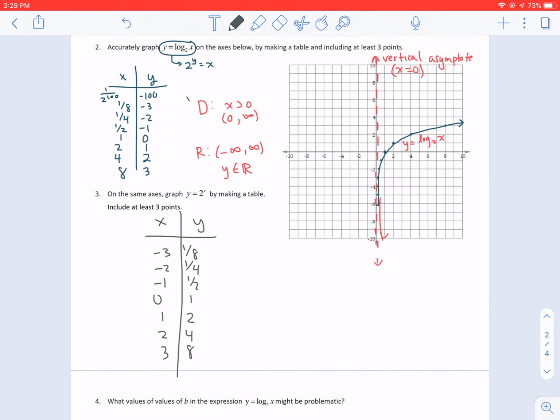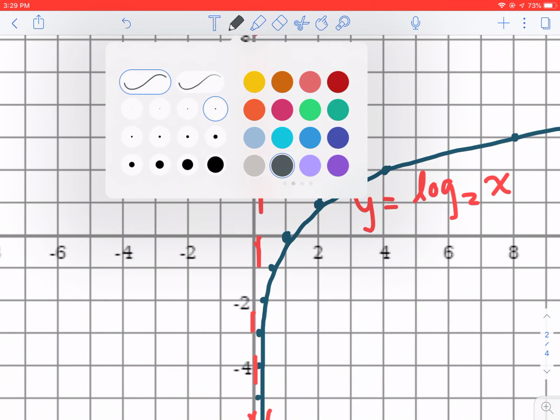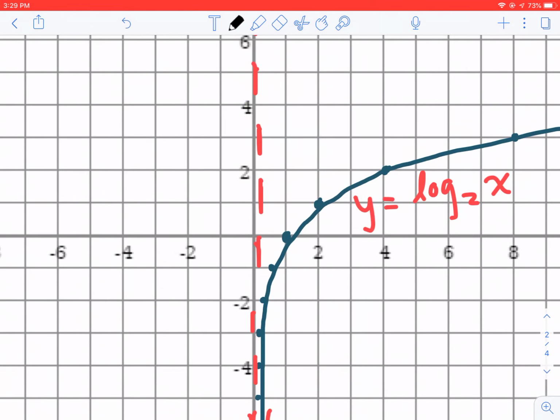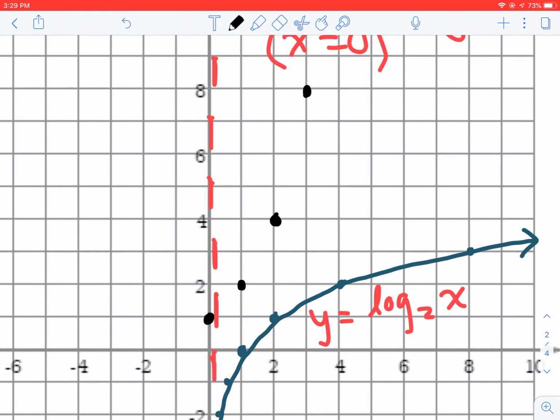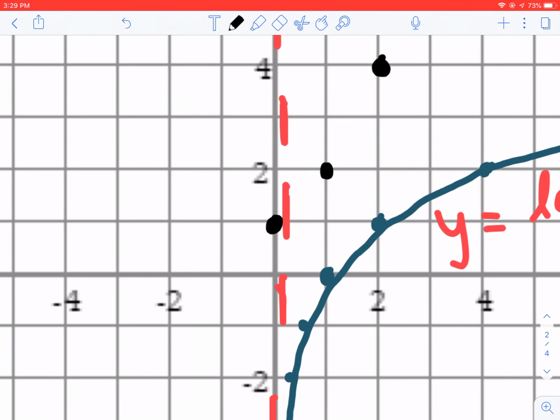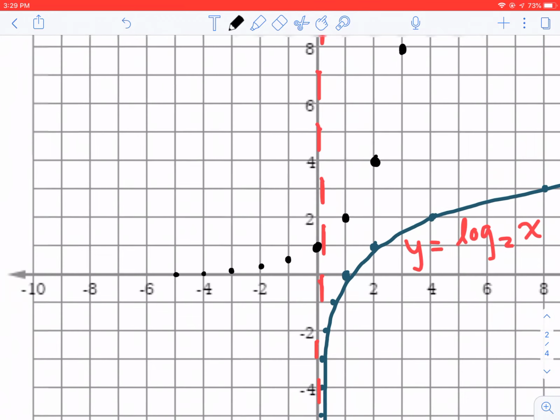And I'm hoping you see some similarities between this table and this table. Right? If you don't see the similarities, maybe you'll see it when we graph it. So we got 0, 1, 1, 2, 2, 4, 3, 8, 4, 16, etc. Negative 1, a half, negative 2, a quarter, negative 3, an eighth, a 16th, a 32nd.